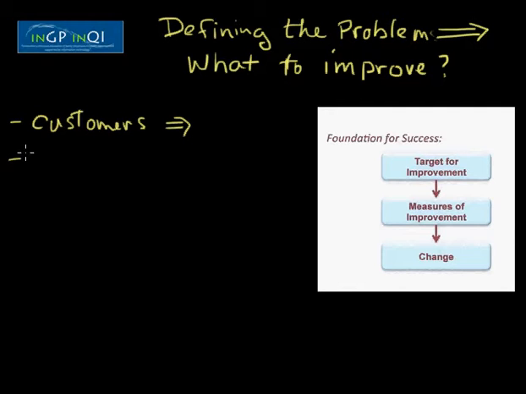The next one that we're going to provide you some information on is flow charting. Flow charting is basically the process of drawing a picture of what happens to the patient as he or she moves through the process.